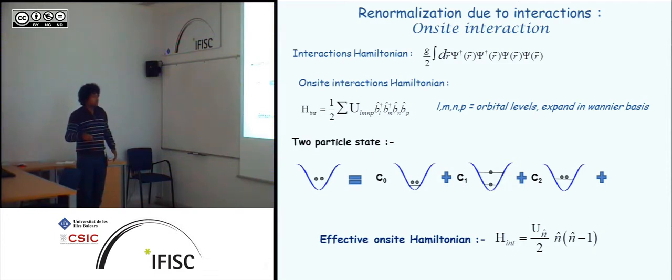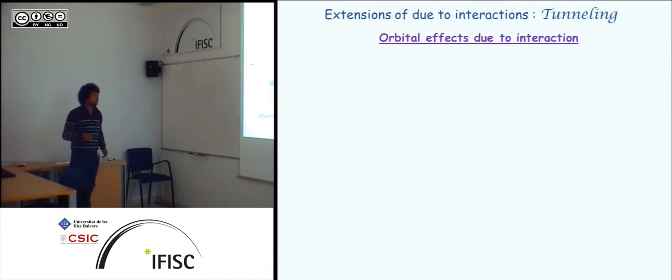Then automatically the strength depends on the number of particles, because if there are 2 particles, there can be one distribution, and if there are 3 particles, there can be another distribution. So the effective energy of the system changes, and that means it depends on the number of particles. This is a very simple thing that people never took into account. And this is the first thing.